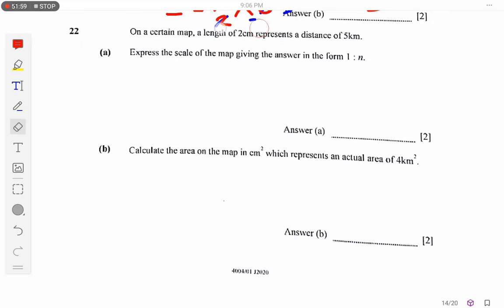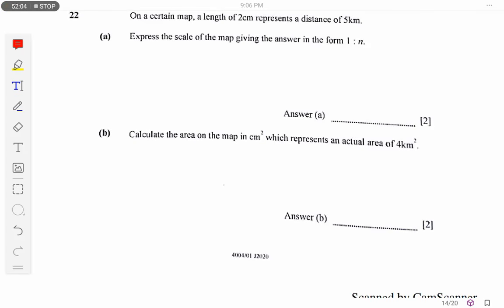Number 22. Okay, number 22, we are saying on a map, 2 centimeters is going to represent 5 kilometers. Okay, and they want us to write the ratio there. What is important is to know how you convert from one unit to another. So here I can say 2 centimeters divided by 5 kilometers to centimeters.